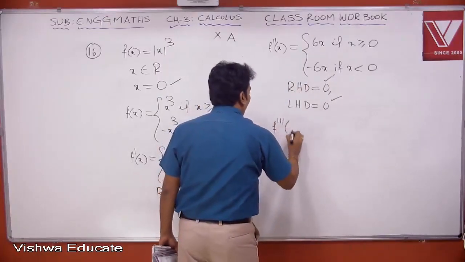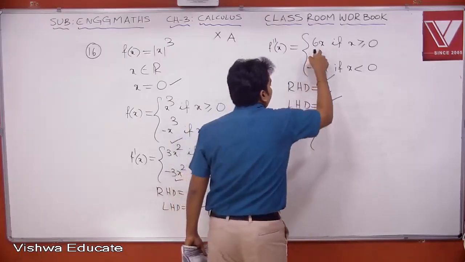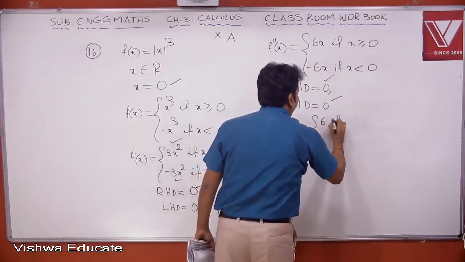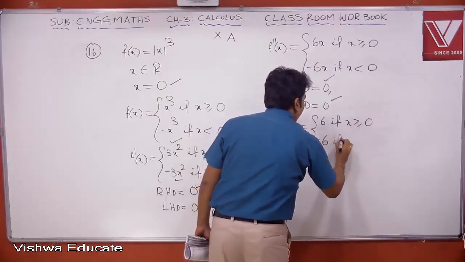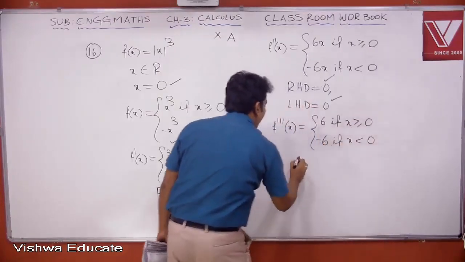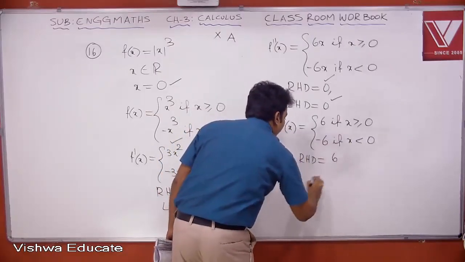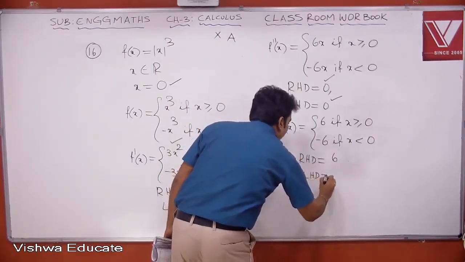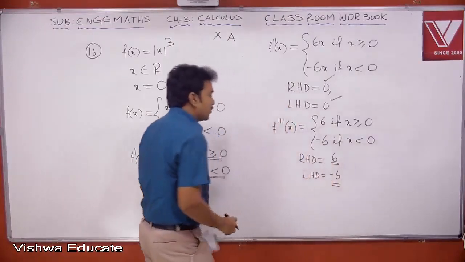Now when you go for the third derivative, the derivative of 6x is 6 if x is greater than or equal to 0, and minus 6 if x is less than 0. Now in this case, RHD equals 6, LHD equals minus 6. Both are finite numbers but different numbers.